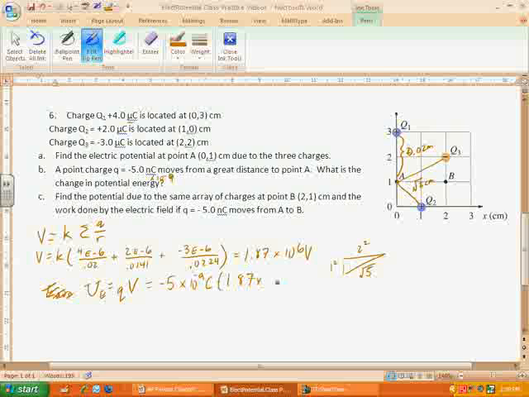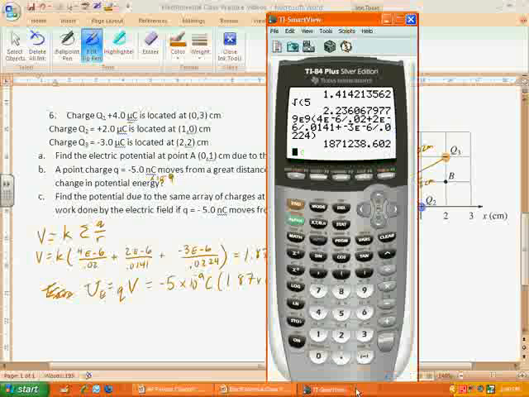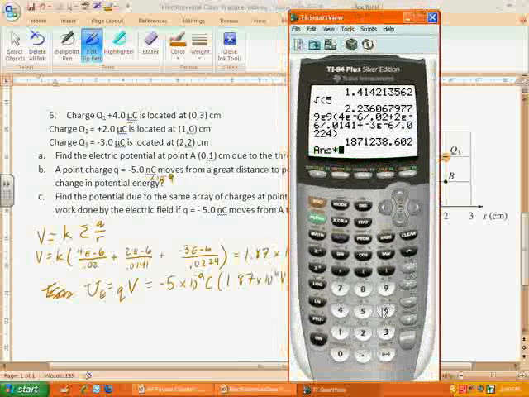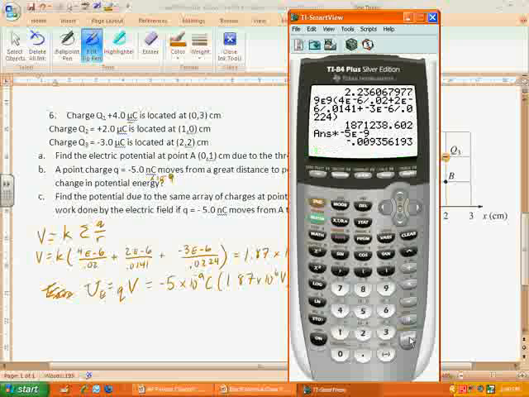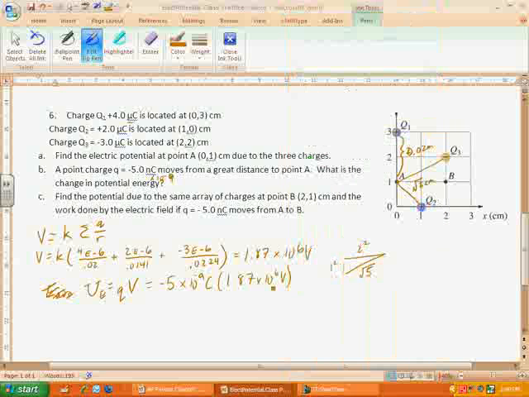And we're going to get negative 5e to the negative 9th, and we're going to get a negative 9.36 times 10 to the negative third. So the potential energy then would be negative 9.36 times 10 to the negative third joules. All right, so very good.